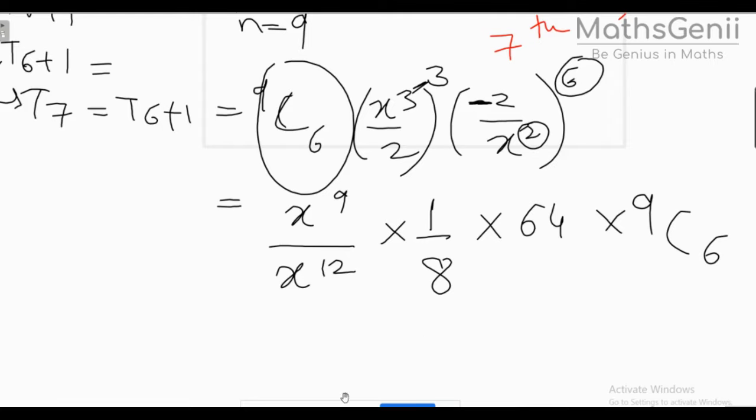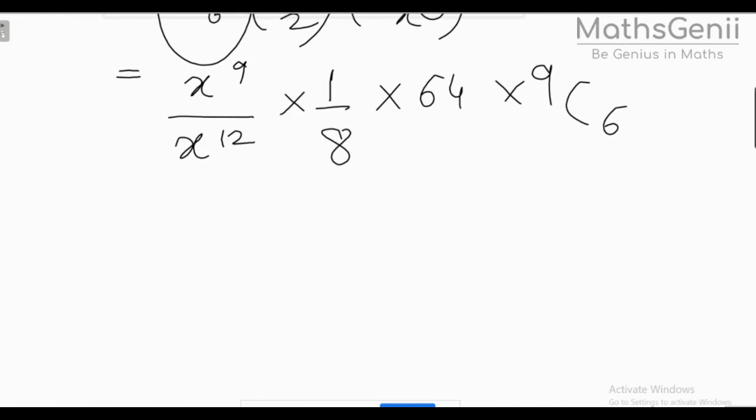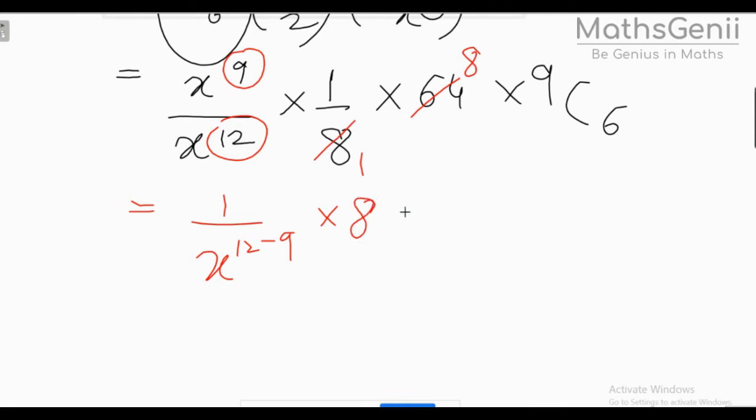9C6. Now how do you calculate 9C6? If someone doesn't know how to calculate, you can pay attention here. So 9 and 12, this when it comes down will become 12 minus 9. Okay. Into 8 ones are 8, 8 eights are 64. So this is 8.